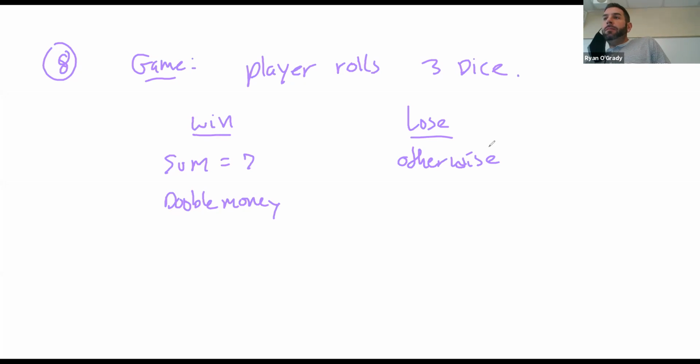Now, another way to think about this, by the way, is instead of thinking about total outcomes, you could think about it another way I showed you, and this will lead into what we're going to do soon as well. Think about win and loss as a success. If you win, yay, lose, nay.